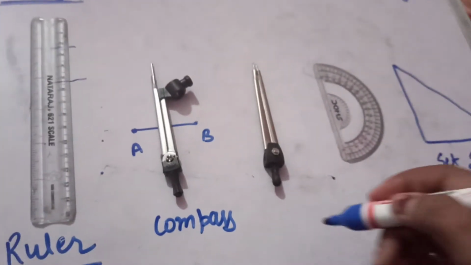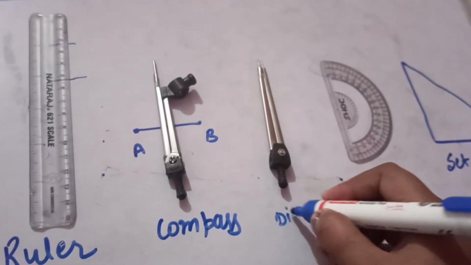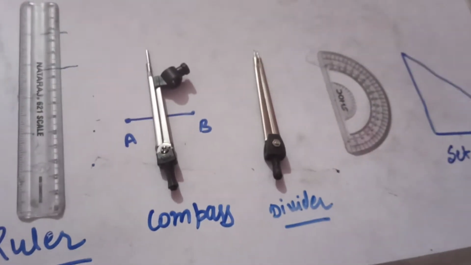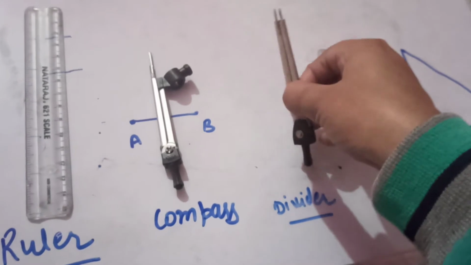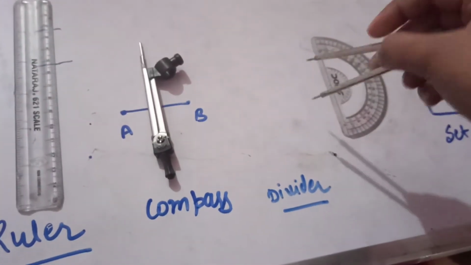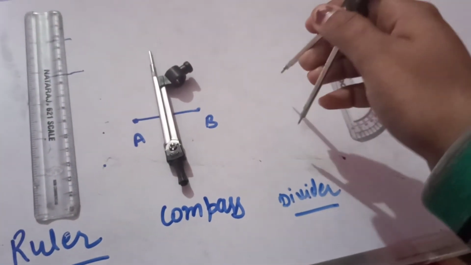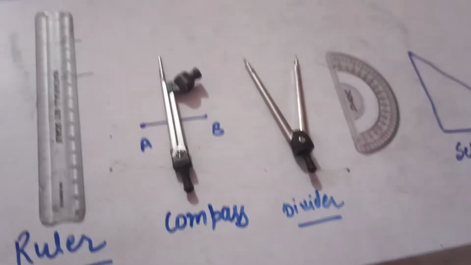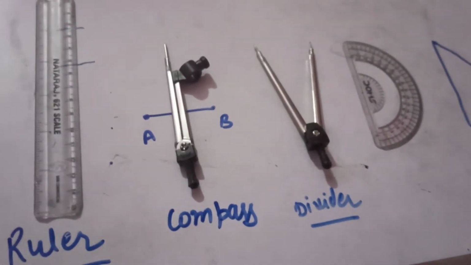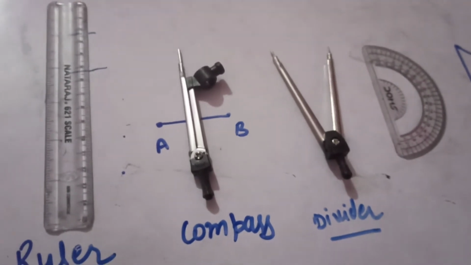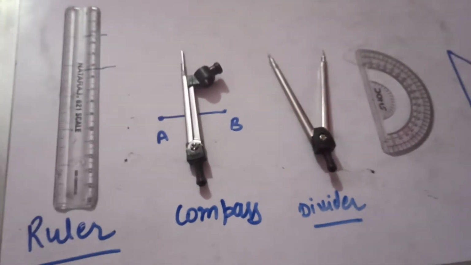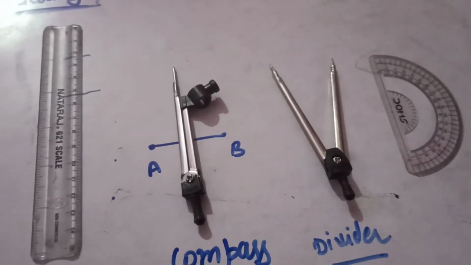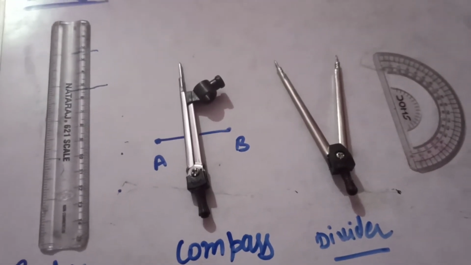Now the third instrument, that is the divider. See, this is the divider. The divider also has 2 movable legs hinged at a point. So compass and divider both have 2 movable legs which are hinged at a point.